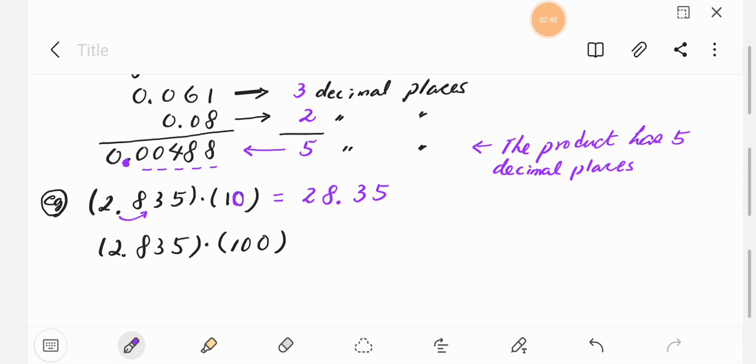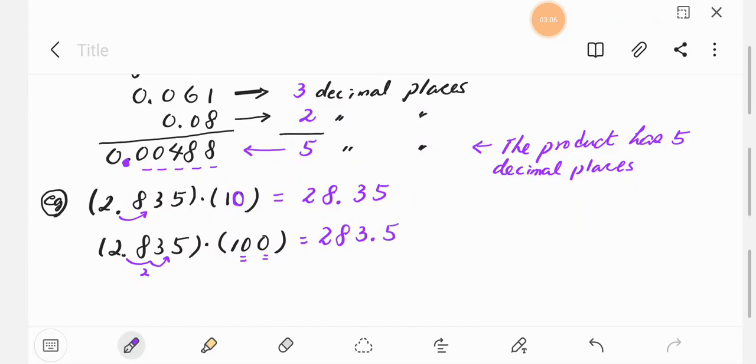Okay, how about this one? Multiply this number by 100. Okay, 100 has 2 zeros, right? So move the decimal 2 places to the right. So it will be 283.5. Can you see it?